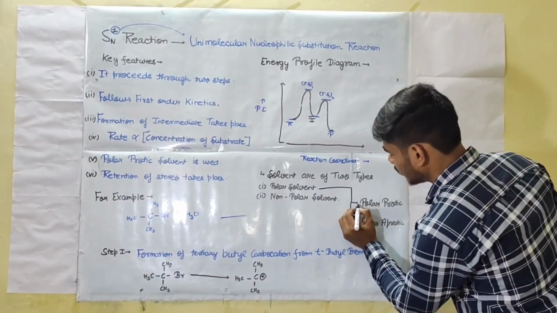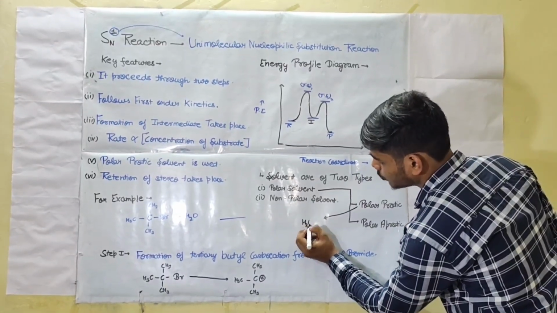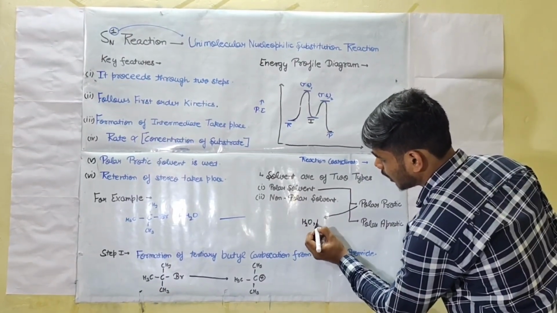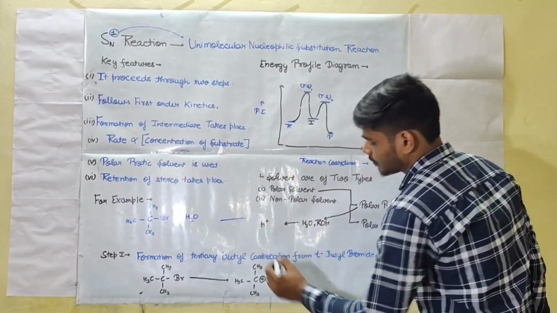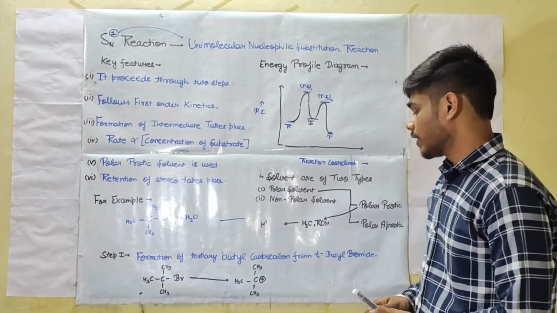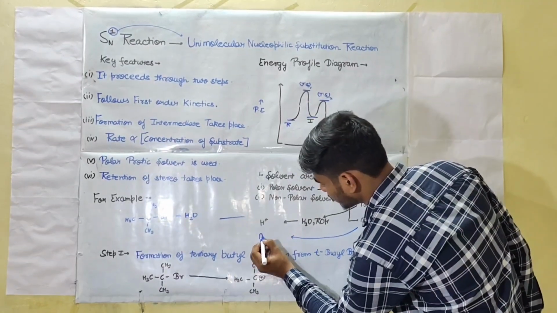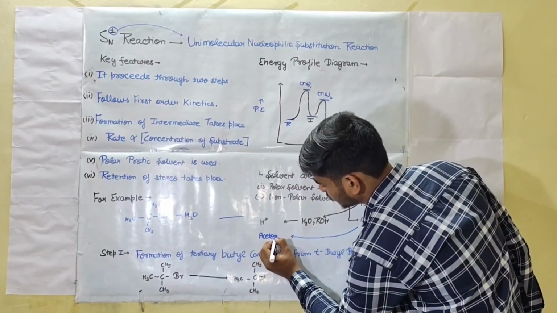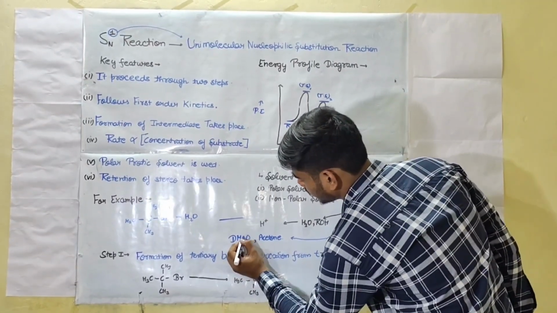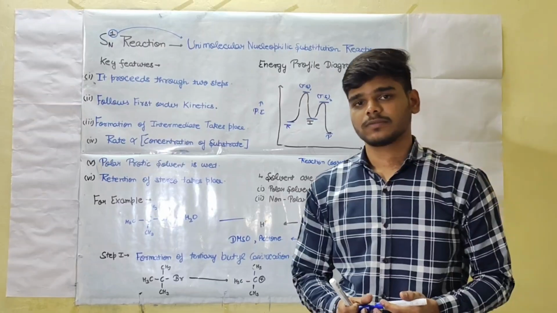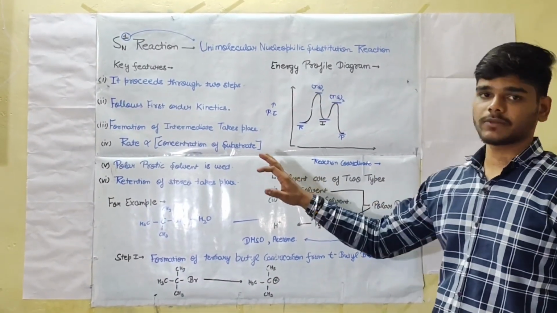For example, polar protic solvents like H2O, ROH release H plus easily, whereas polar aprotic solvents like acetone, DMSO cannot release H plus. This is all about the solvent used in SN1 reaction.